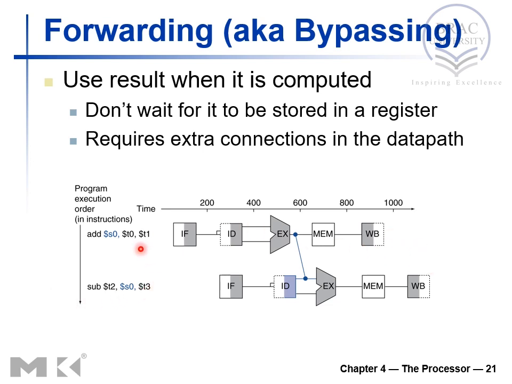Now, if we have the same instructions here, the add and the sub, let's see if this solution is feasible, starting with the add instruction. This is fetch, this decode, this execution, and we do not have a memory operation in the add instruction, and then the write back.